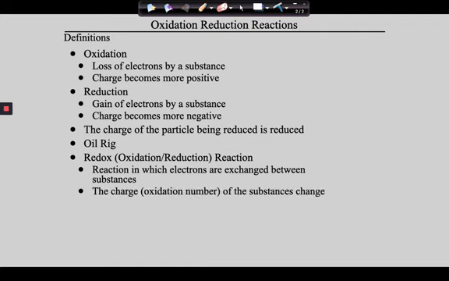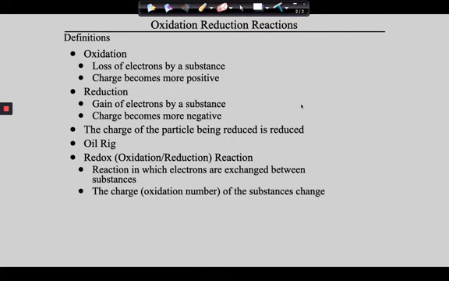And the answer is, we look for charge changes. When we analyze redox reactions, guys, what we're looking for are actually charge changes. So the first thing that you've got to learn how to do, guys, is assign oxidation numbers, charges. You need to learn to assign oxidation numbers to substances.